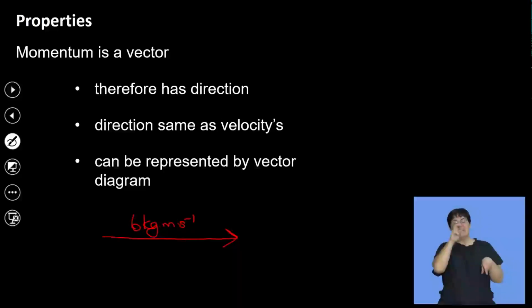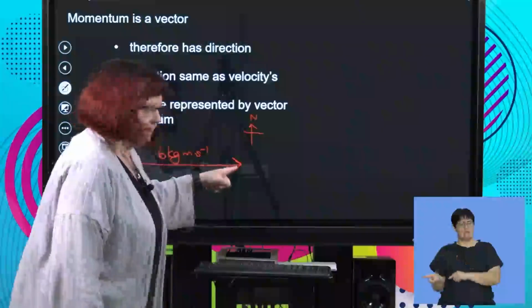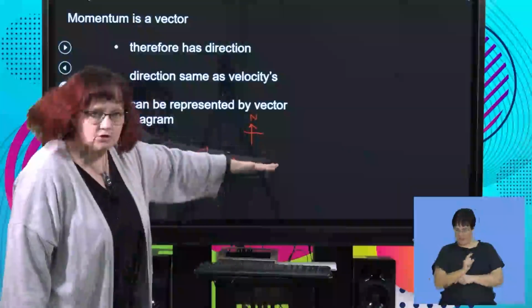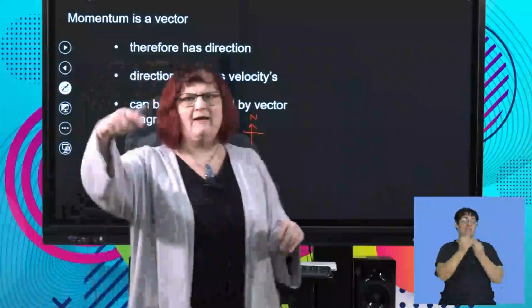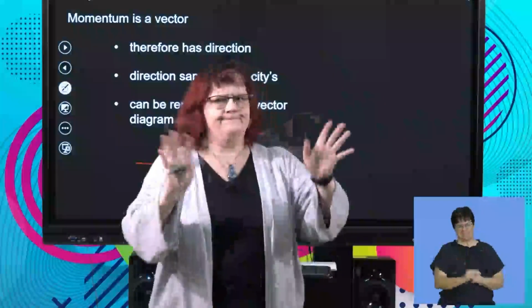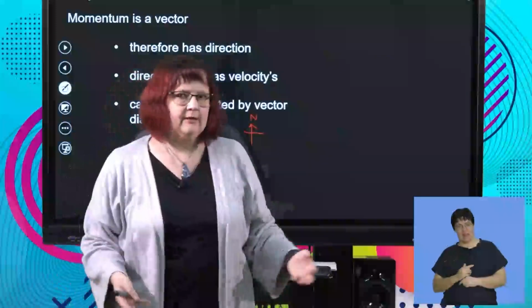So I really need to be able to tell my examiner that I understand that that's north. Okay, so I know where the north is, and then that's east. You don't have to write the word east. Why? Because there's an arrow that's telling me it's going east. So just be careful with that one. Sometimes we want to put everything on there. We don't need to. Okay, the arrow direction tells me.